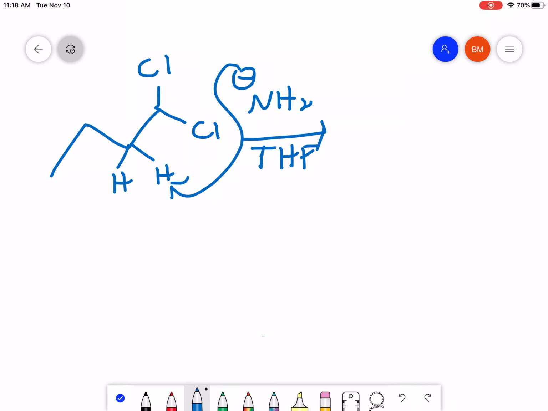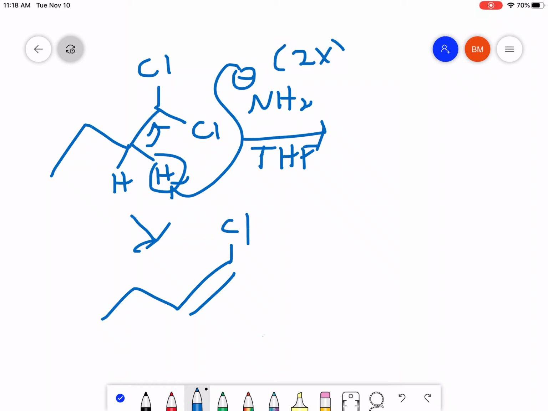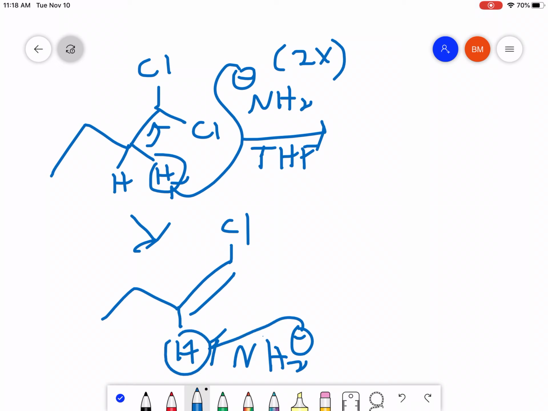So you get something that looks pretty familiar here. The second equivalent comes in. And boom, you've got your alkyne. Easy peasy.